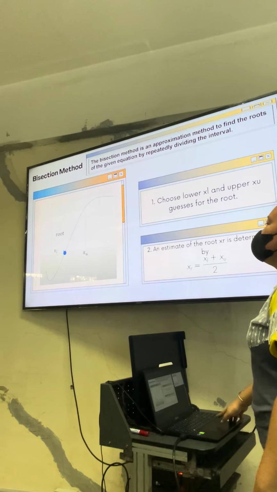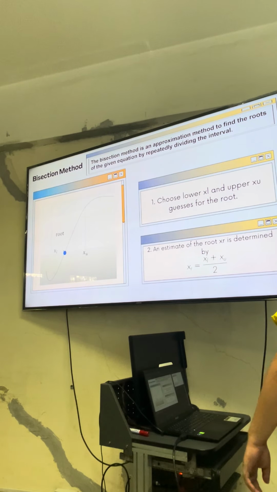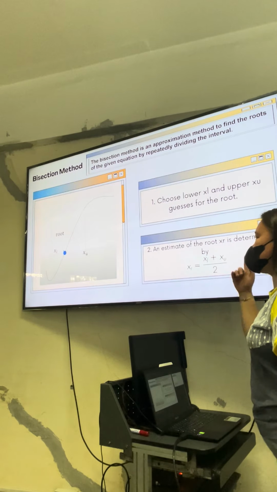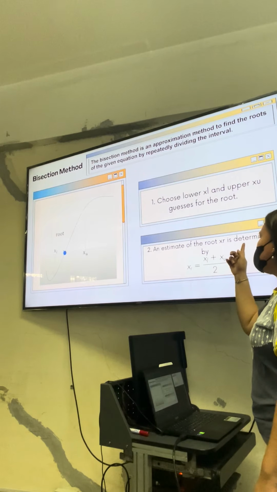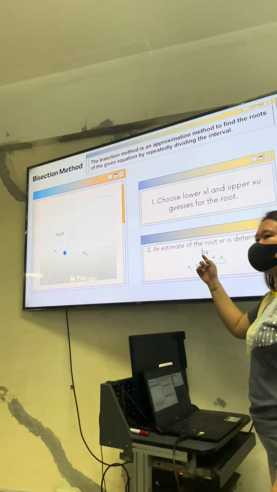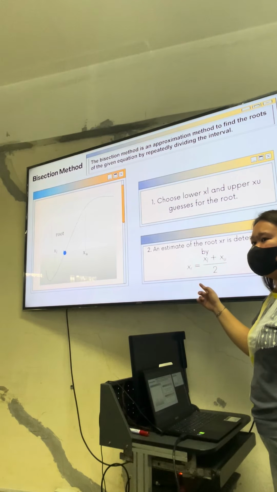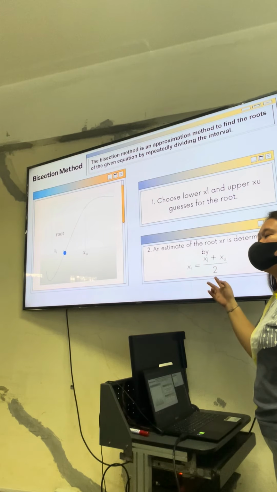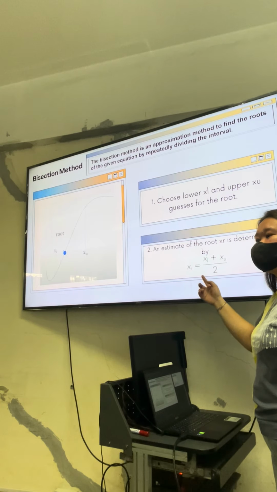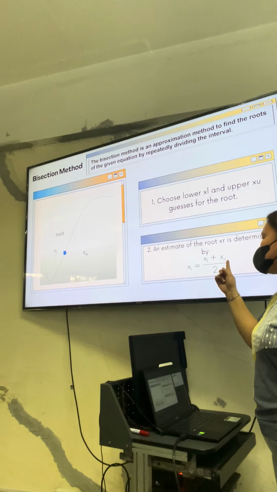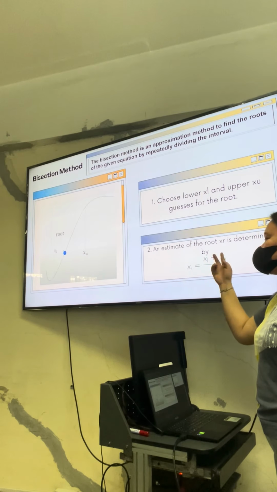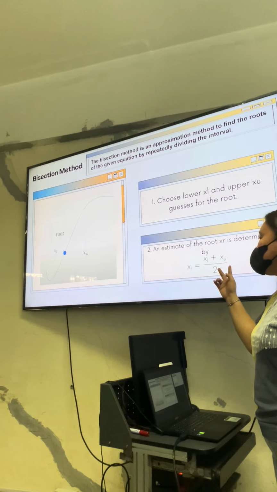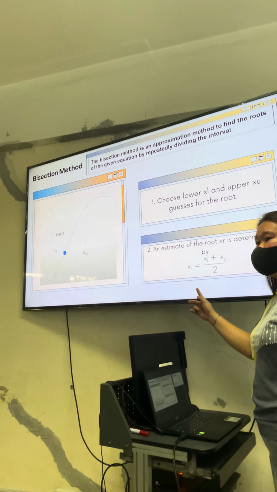After you apply that condition, next, an estimate of the root xr is determined by xr equals xl plus xu over 2. Pwede naman natin i-interchange, kaya addition na. Okay? That's the formula for our xr.